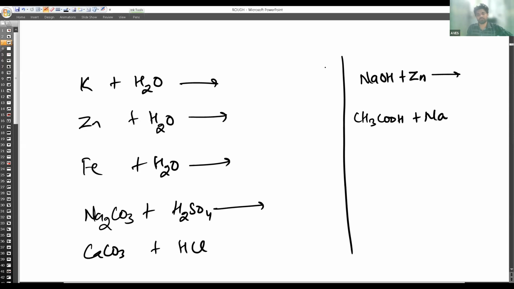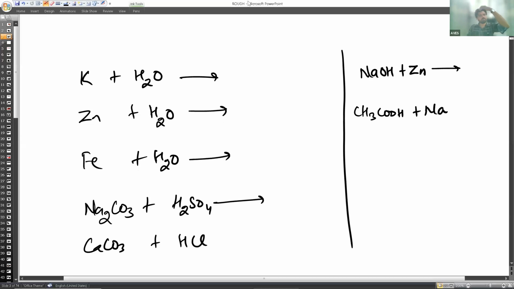Done? No. Only potassium, sodium, calcium, and magnesium form the hydroxide. Other metals react with water, but they don't form hydroxides. Okay, do this one, please. It will be ZnO plus hydrogen gas.